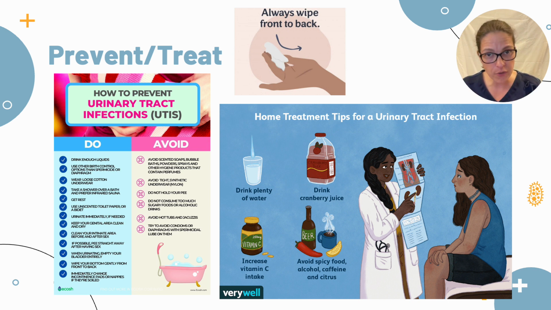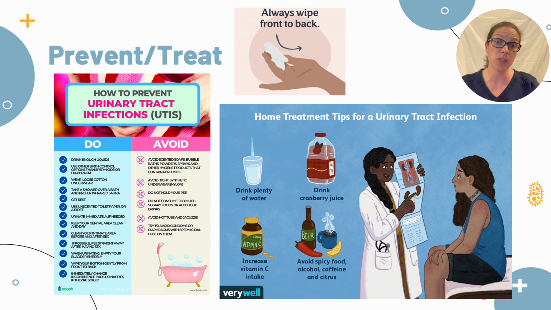Do not get the cranberry juice with the added sugar. That is not going to help you in any way, shape or form. Cranberry juice, that is just plain natural cranberries. They actually have cranberry extract you can get in pill form if you are susceptible to UTIs. Why cranberry juice? Because it changes the pH of your urethra and it makes it less hospitable to these bacteria.